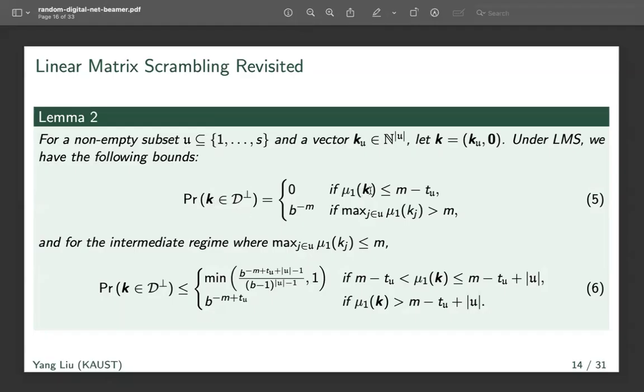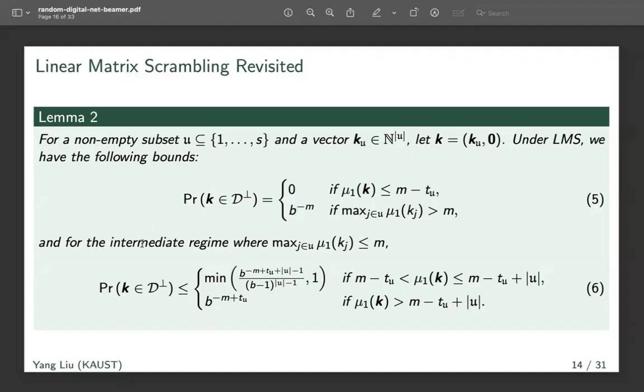So if the frequency of this k is small, then the probability is 0. So that doesn't contribute to this error expansion. And when this k is very large, then the probability is the same as in both the Hankel random design and the uniform random design.